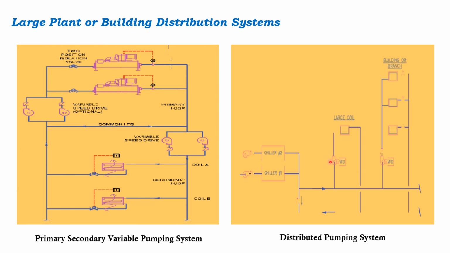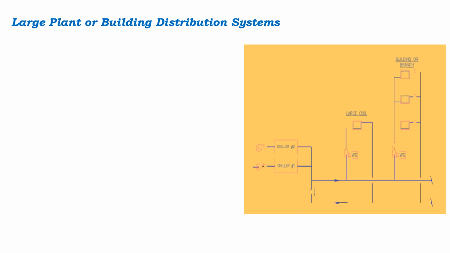There is a distribution pump, which ensures that water reaches the large coil or the branch wherein multiple coils are provided. It also ensures that water comes back to the header, which is directly connected to the primary pump. And here a decoupler line has been provided. So let's understand this particular system in more detail.